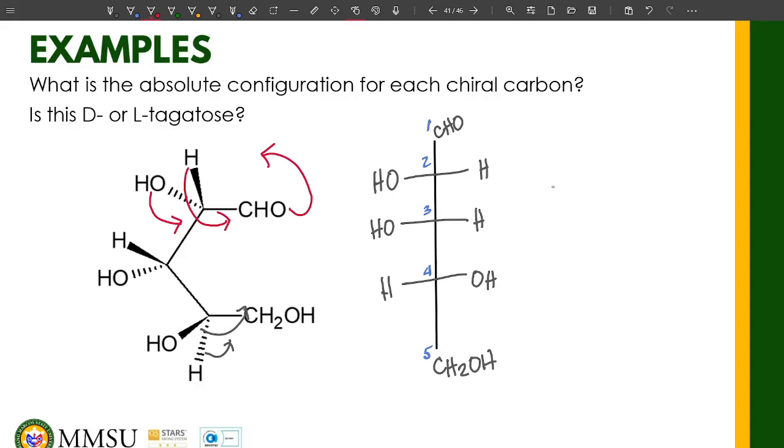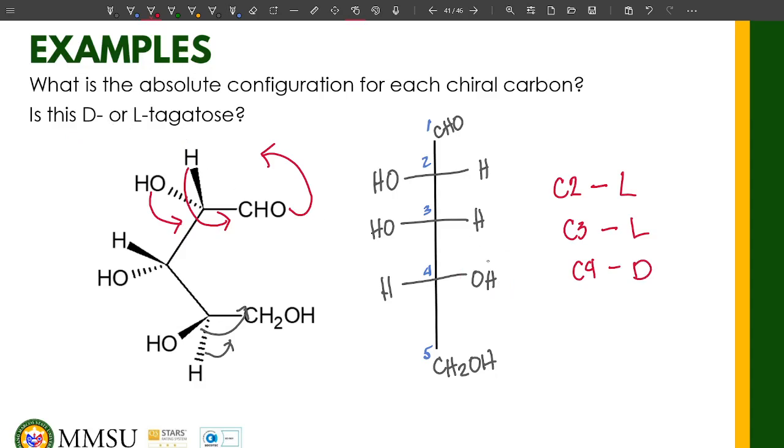So, carbon 2, its configuration is on the left, so L. Carbon 3, it is also on the left. And then the last, carbon 4, is on the right, so D. Then the next question: is your tagatose D or L?